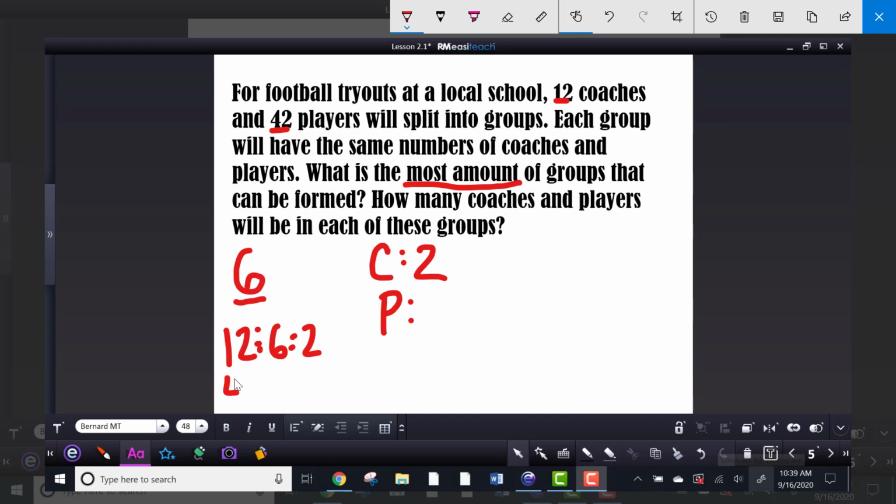So 42 divided by 6 equals 7. So for this problem, there are 6 total groups, with 2 coaches in each group and 7 players in each group. What we're doing is taking these numbers and dividing them by the greatest common factor, and that's how we're getting our answers.